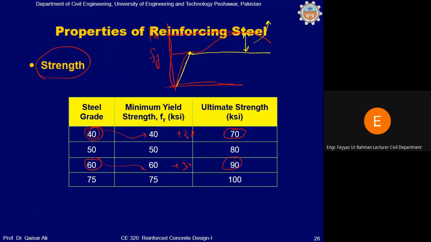Yes, sir. So this is one advantage, and the other advantage of converting this curve into a bilinear curve is that it makes our calculations very simple. For example, this is the stress strain curve.